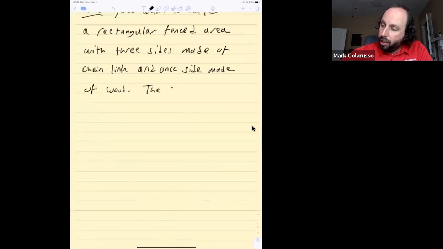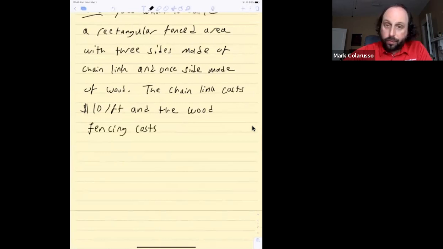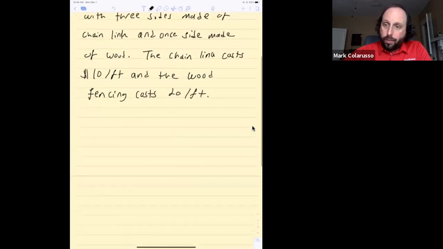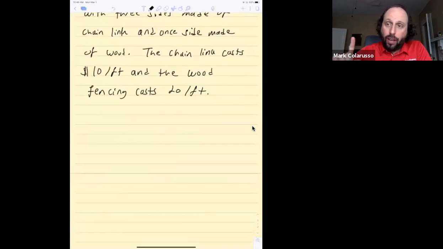The chain link costs $10 per foot, and the wood fencing costs $20 per foot. So the wood is twice the price. What is the max area we can enclose if we have a budget of $600?